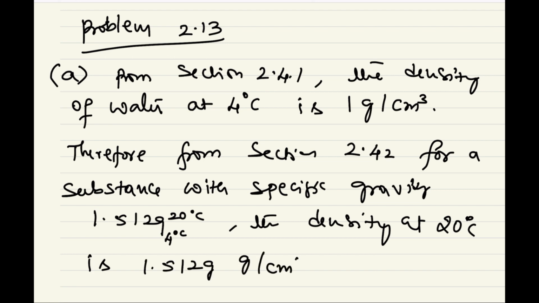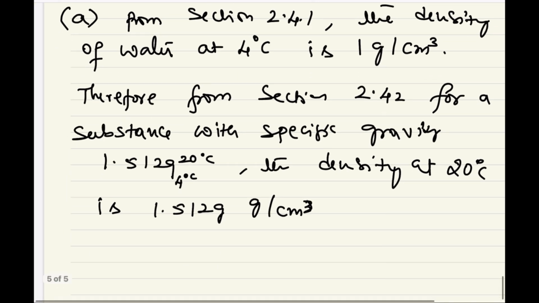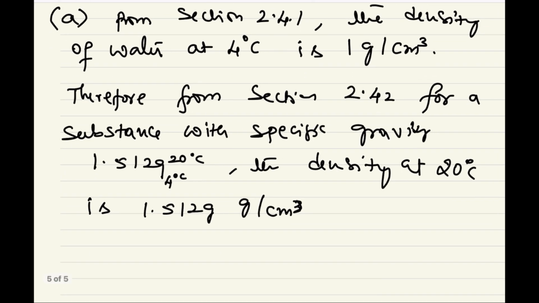So you need to just multiply, as the specific gravity is nothing but the ratio of the density of that component divided by the reference component. Here the water is the reference component.